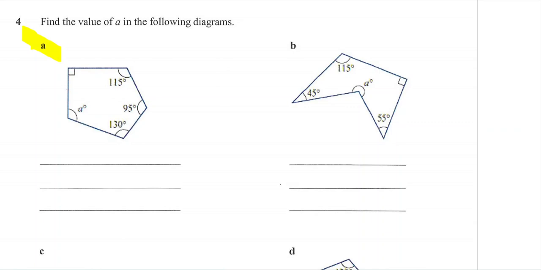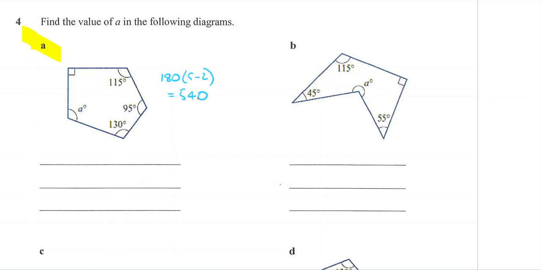And if you've memorized 540, that's wonderful. But if you're doing this, I would expect to see the angle sum first. So maybe over here, you're going to do your 180, 5 minus 2 to find your 540. So you need to make sure you know that, depending on the number of sides.